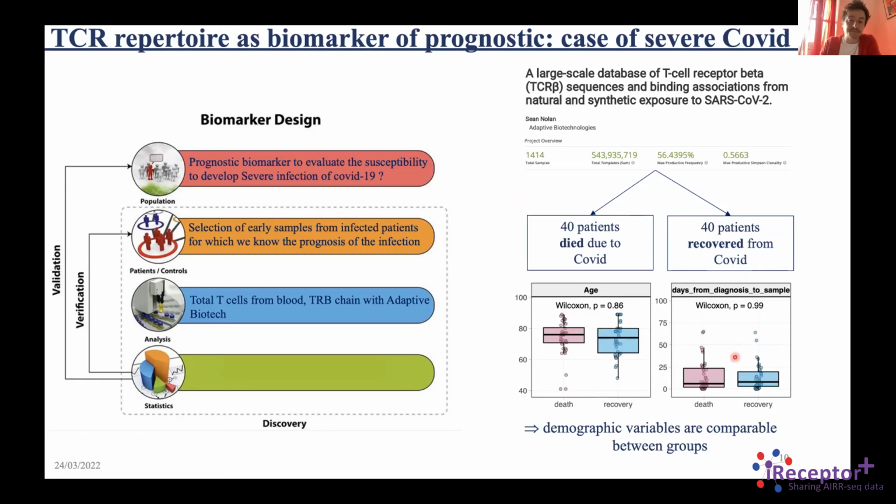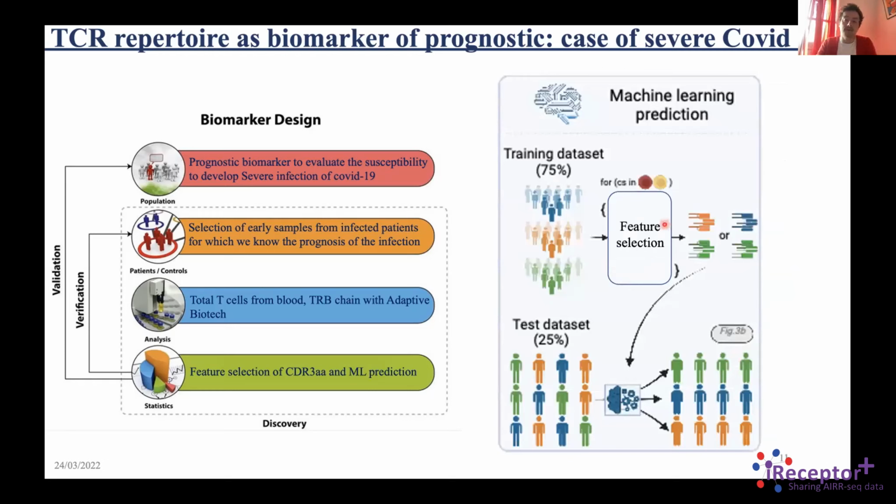So we apply our feature selection strategy, that I will not present here, it is not yet published, but we split our data set, 75% for training. We collect signatures, so signatures that are enriched and those that are impoverished in the disease.